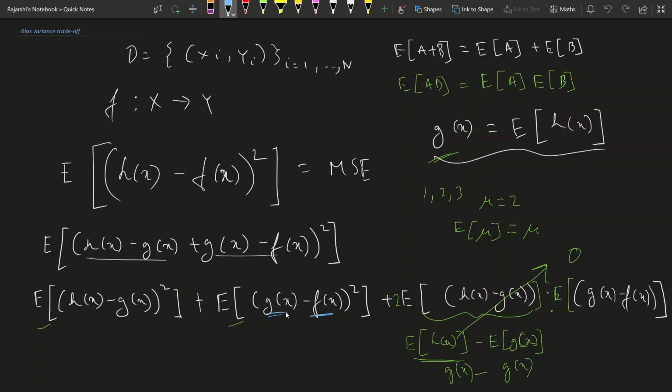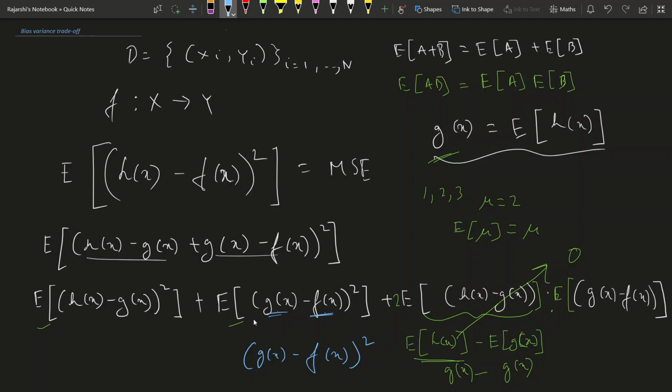So g of x and f of x are two functions. g of x is a very specific function, the mean hypothesis, and f of x is the target function. So what I am saying is, the expectation of a constant is the constant itself.